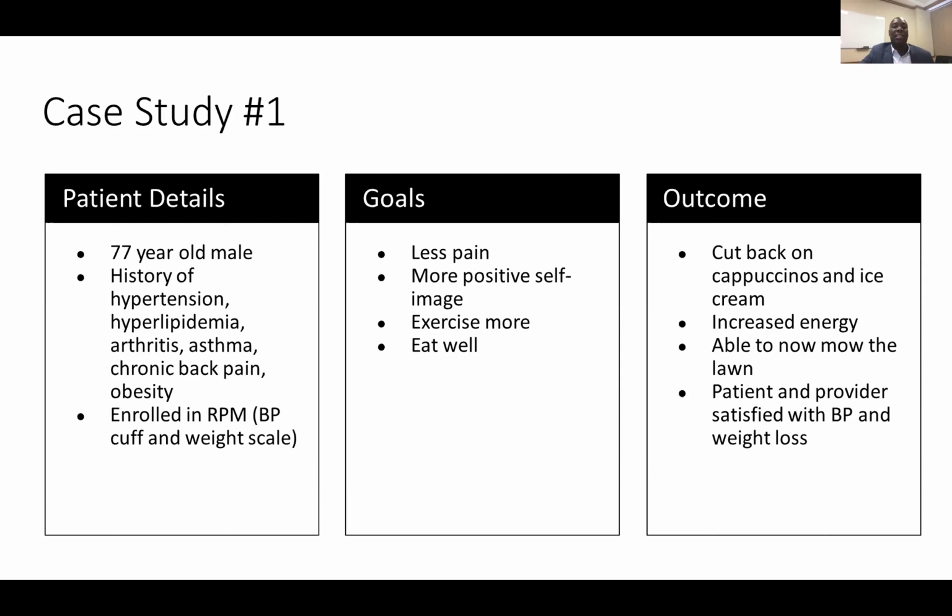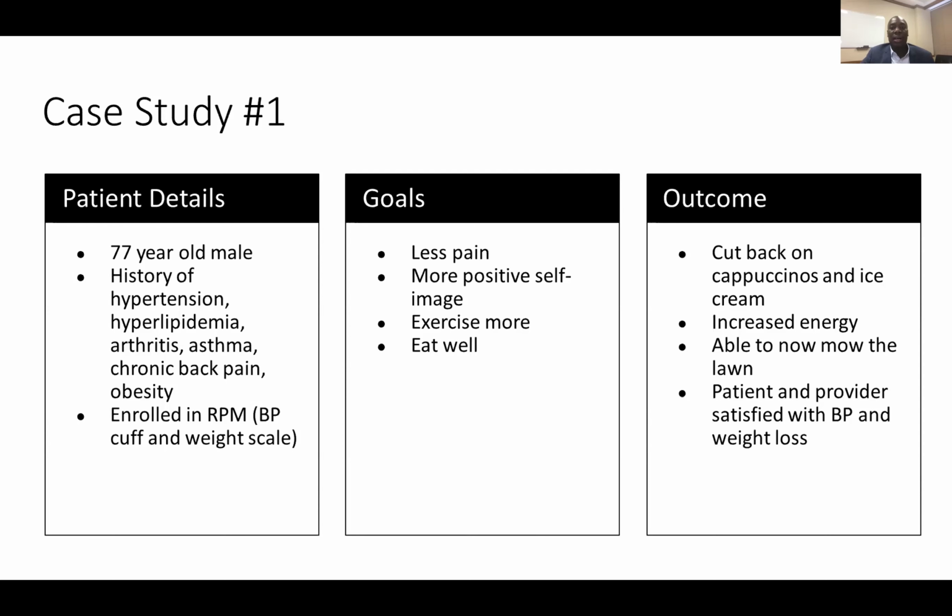And that's where the FTE staff is so important for the success of this program. You want to tie the data coming in, when you can engage them, to health coaching, but it all starts, for folks that are doing CCM, for example, around what the patient's goals are. In this case, the patient's goal was less pain, a more positive self-image, exercise more, eat well. And the outcome is they cut back on their cappuccinos and ice cream and increased energy.